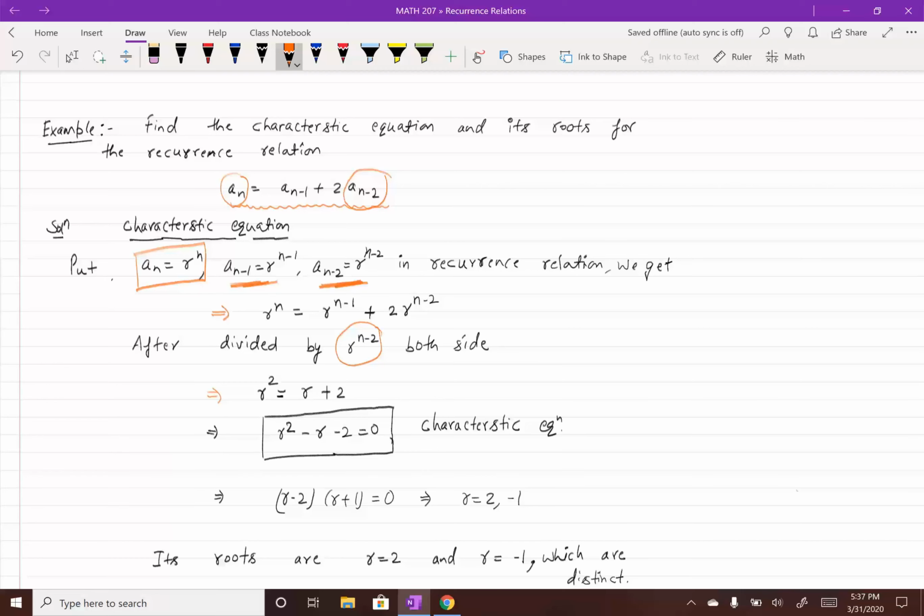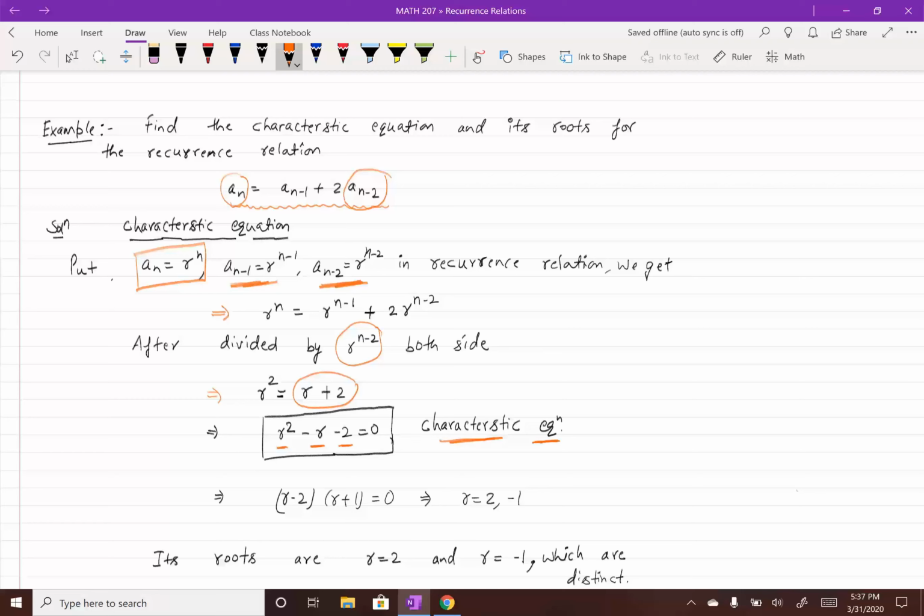When you take the right side, r plus 2, to the left side, the equation becomes r square minus r minus 2 equals 0, which is nothing but the characteristic equation of this recurrence relation.